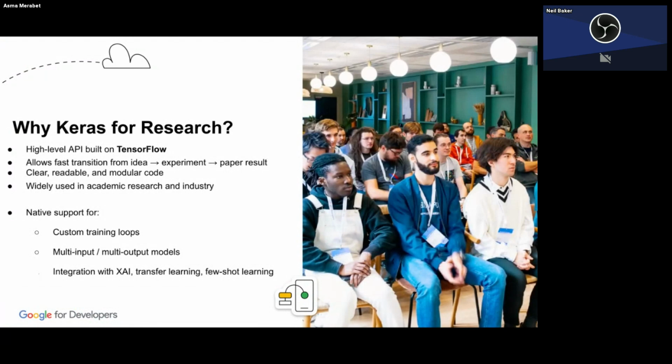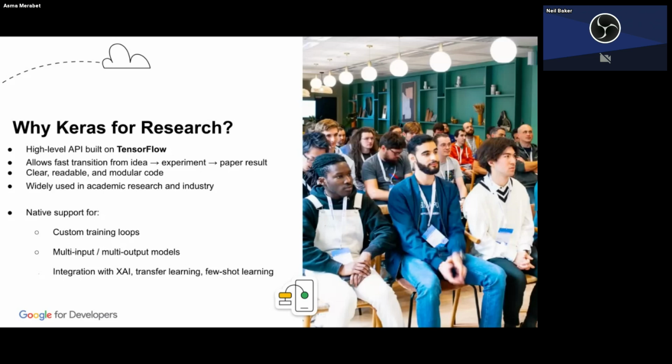It's for four or five reasons. The first one is that Keras is a high-level API built on top of TensorFlow. This means that you get all of TensorFlow's computational power without long code.